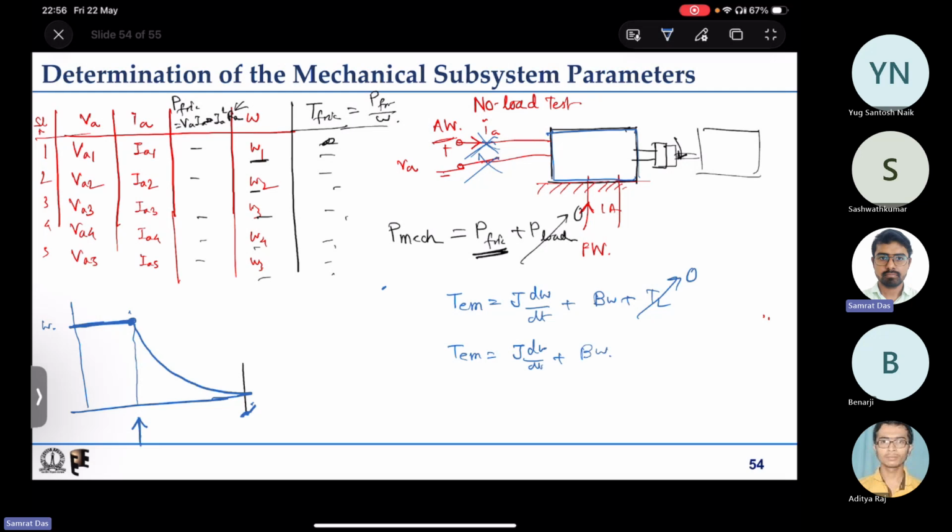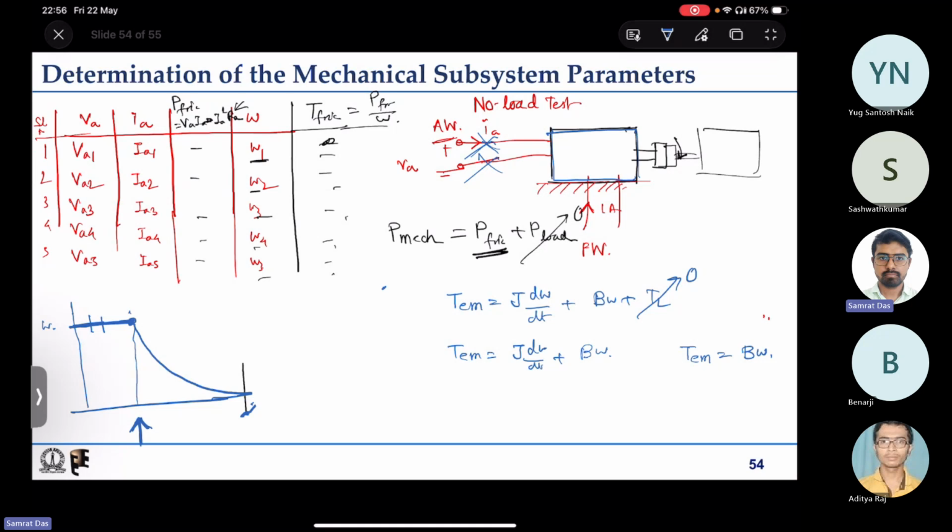So now, at this instant, before this instant, what was there? Before this instant, in this duration, J d omega dt was 0. So whatever Tem was being supplied, that was used to overcome the B omega, that is the frictional torque.